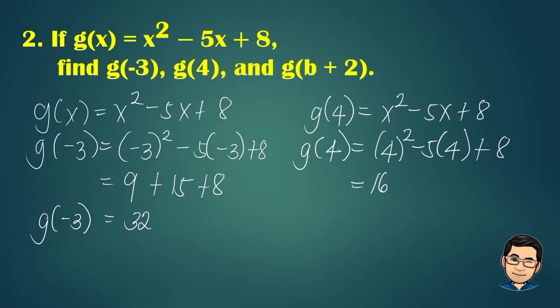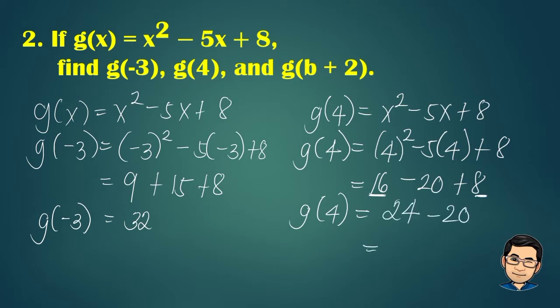Negative 5 times 4, that is negative 20, plus 8. Now, we combine like terms, or like signs. 16 plus 8, that is 24. Minus 20, so the answer will be 4. So, g of 4 is equal to 4.